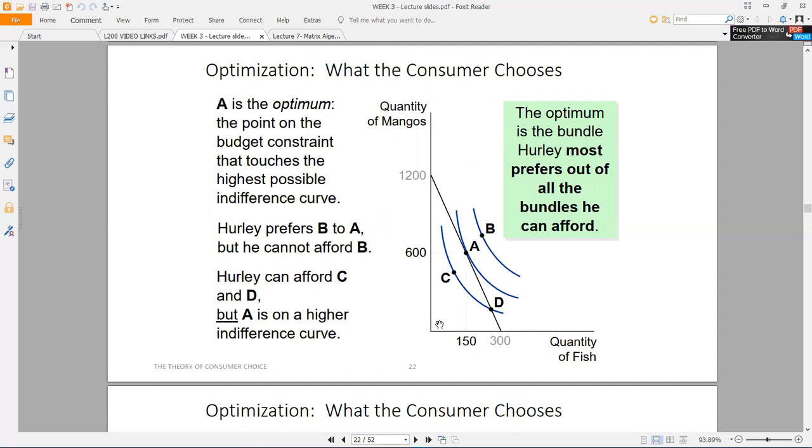When we're talking about the optimization of the consumer, we are talking about the consumer choosing a particular bundle that will maximize his satisfaction or his utility. So which bundle should this individual choose? We have seen the budget line. It gives the bundles of goods and services that the individual can afford, given the price of the goods and his income.